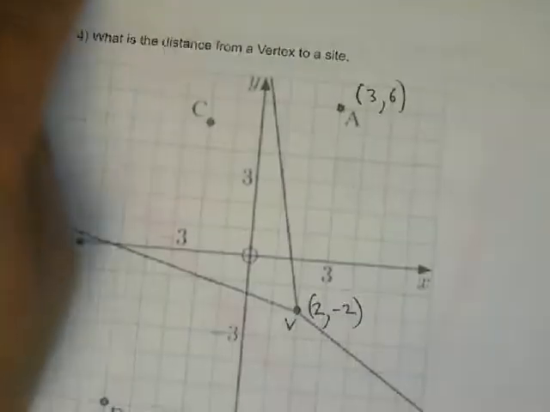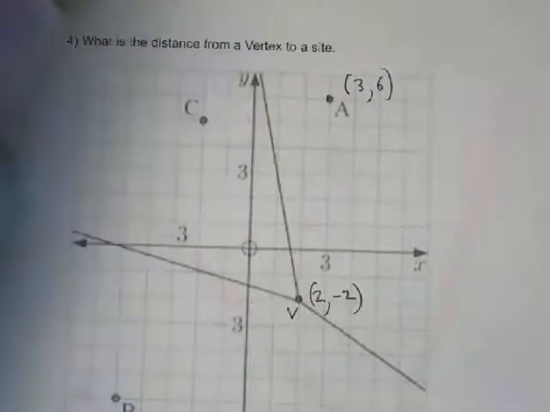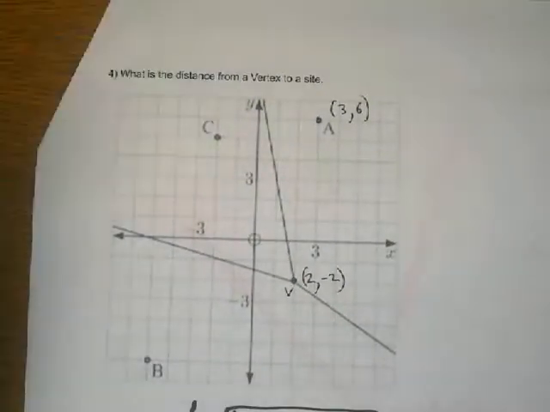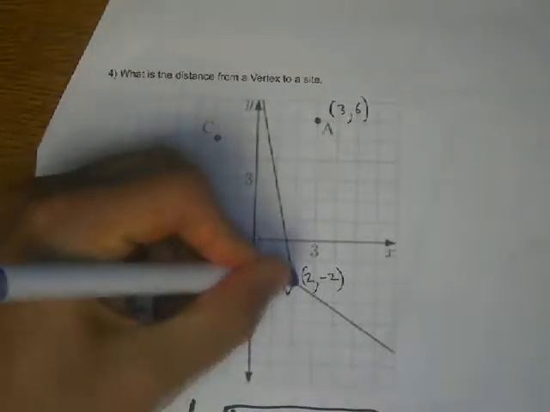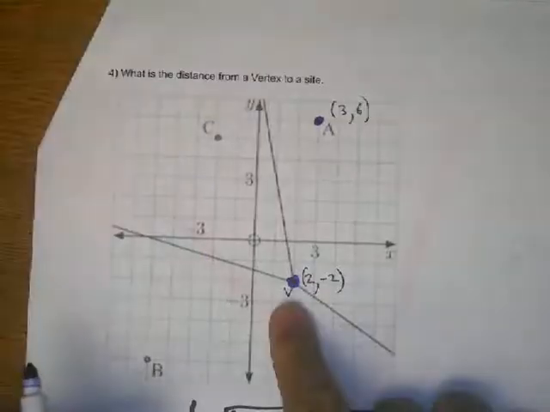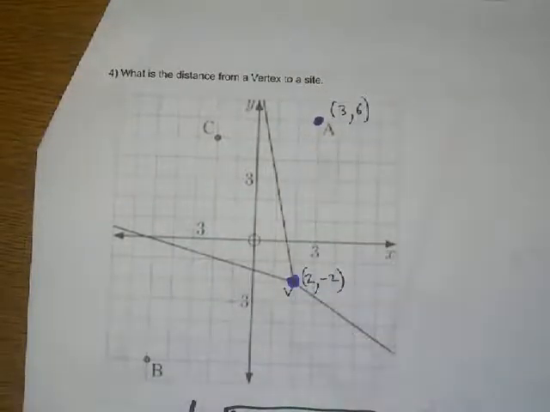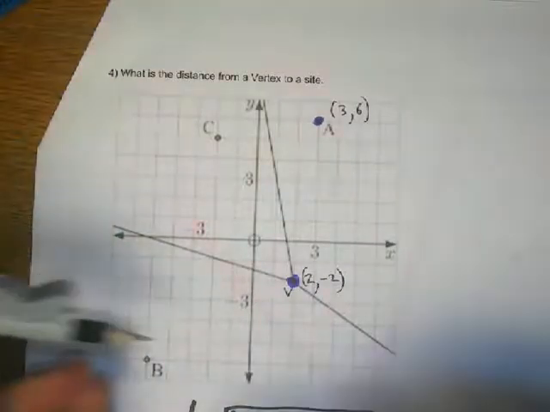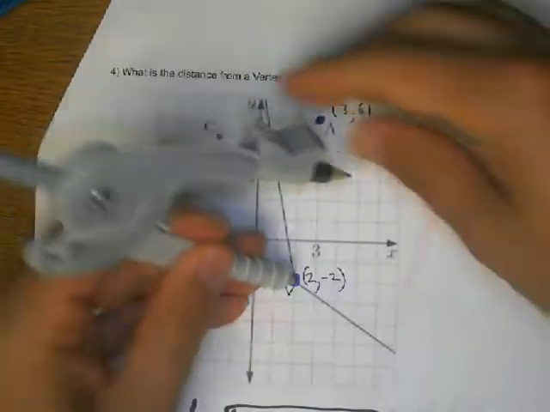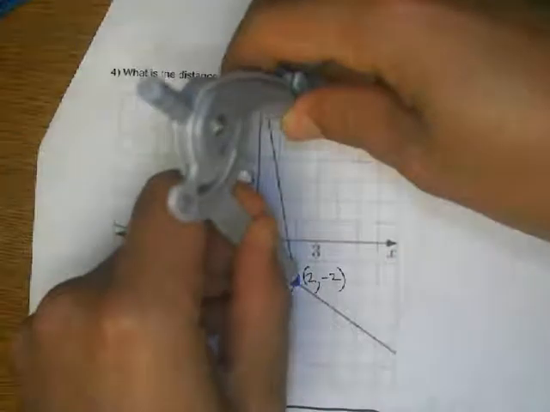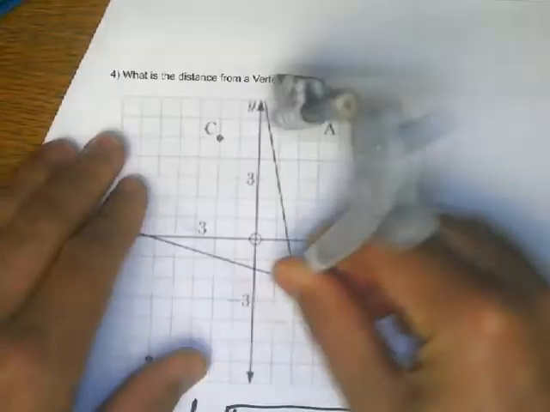Use the distance formula to find the vertex site. This is going to be important in Friday's lesson. I've got this vertex here, and I've got this point here. Something that's going to be important on Friday is that through any three sites and the vertex, you can draw a circle. Watch.